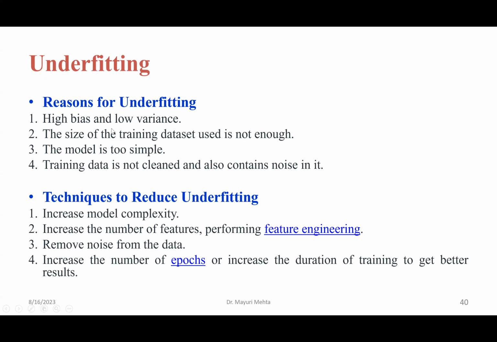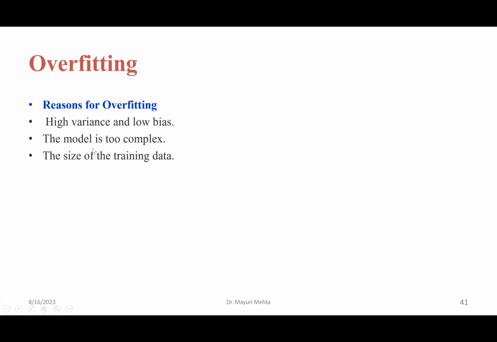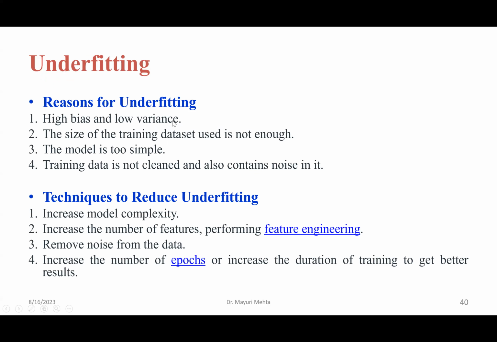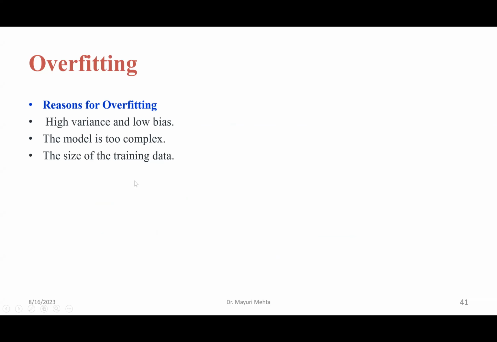Another reason is model complexity: when the model is too simple, underfitting may occur, and if the model is too complex, overfitting may occur. Then the size of the training data: if the training data set is small, underfitting may occur; if the training data is too big, overfitting may occur.